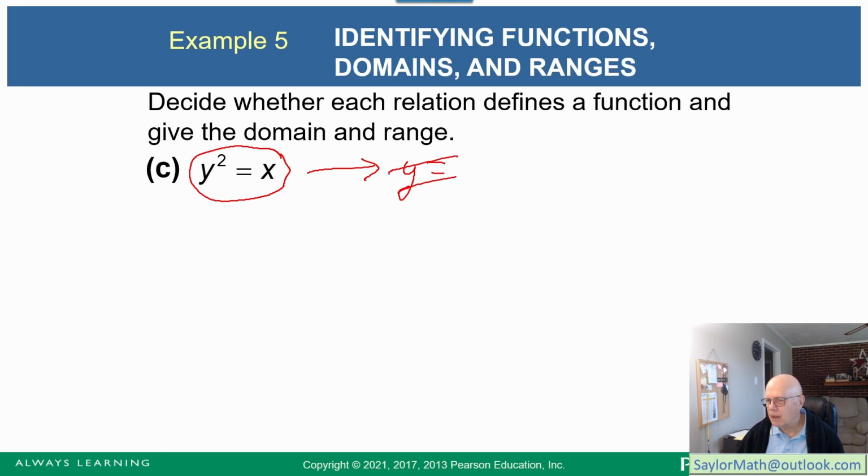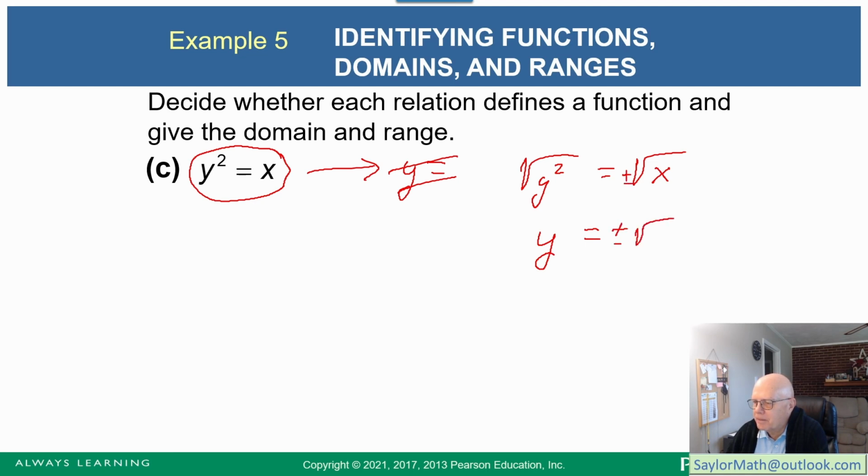So square root of y squared on one side, square root of x on the other side. Square root of y squared is y, but there are two square roots of x, which means for every x, you're going to get two answers for y, except in the case of 0. So it's not a function.